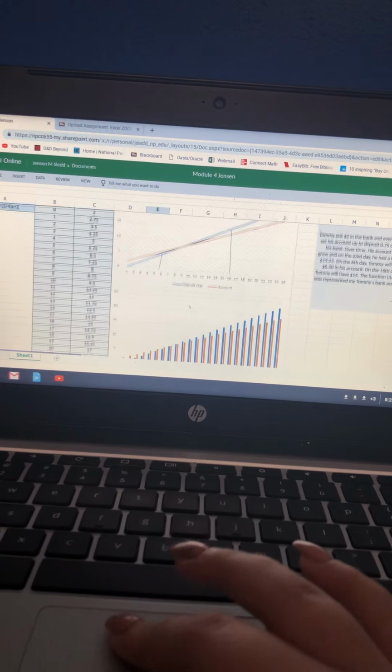Alright, number 3 is about profit from shoe sales. The formula to model the sales of a sneakers company is P of X equals 4X squared minus 3X minus 240. I've highlighted the areas where 0 sneakers were sold.